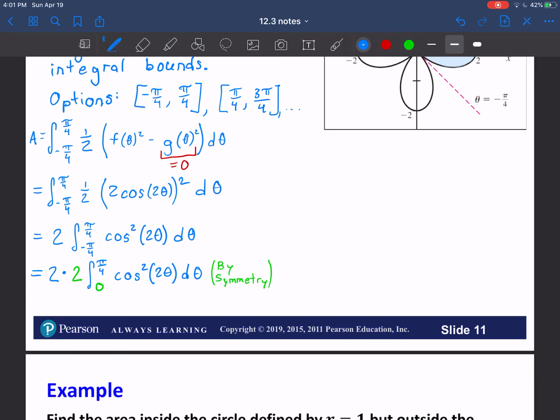Alright, and if we simplify this a little bit, the way that we compute an integral like this, hopefully you haven't forgotten already, since we have cosine squared of 2 theta, we can rewrite this as 1 plus cosine of 4 theta, all over 2, d theta.